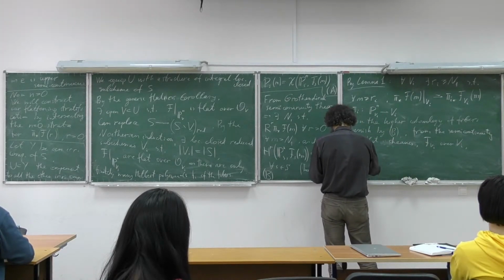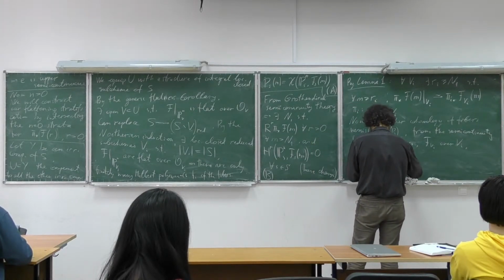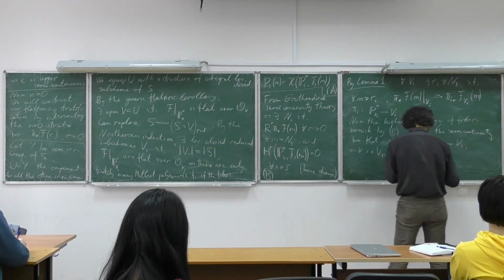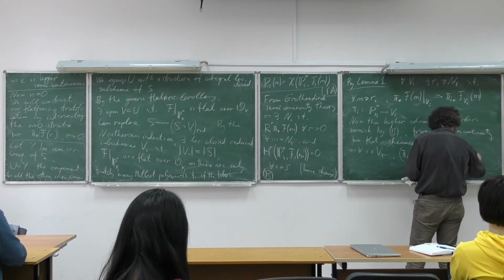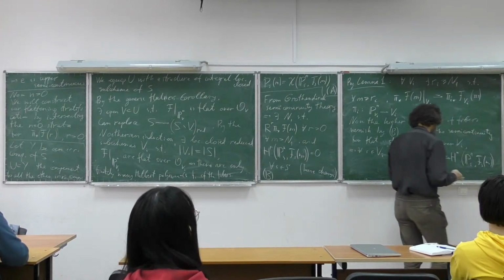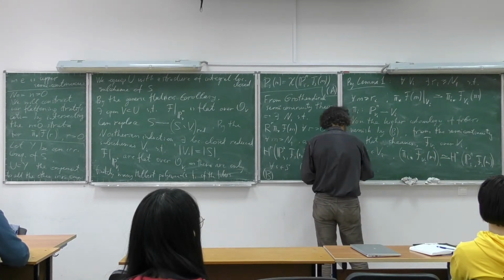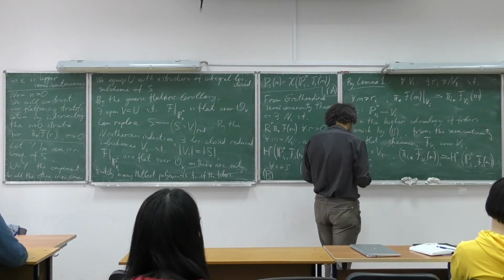We conclude that for any point in the stratum V_i, there is a base change isomorphism: the fiber over s of π_i push forward of F_{V_i}(m) is isomorphic to the global sections of the corresponding fiber. This is the base change isomorphism we deduced some time ago, and that's true for any m high enough, bigger than this particular number.